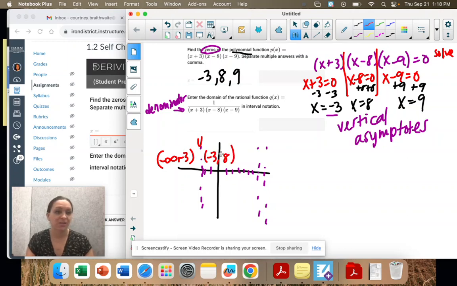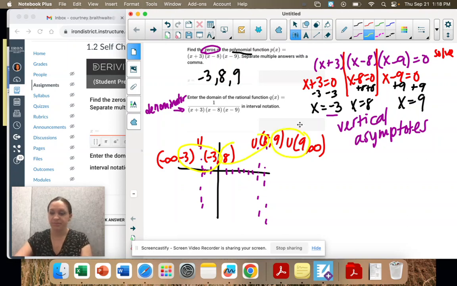Remember, our parentheses means we're just not actually including -3. We're getting really, really close, but we're not including it. And then same thing, union 8 to 9, union 9 to infinity. So we're taking breaks at -3, 8, and 9, because that's where the graph is undefined.